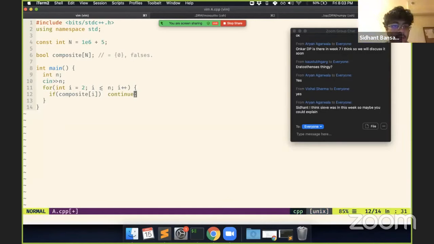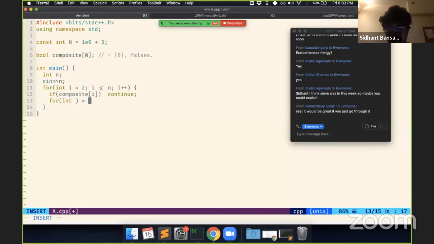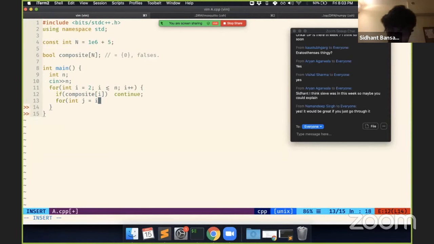Then you go through each number, starting with i equals 2, and if the number is composite, you skip it. Otherwise, you pick it. I'll go through this since people are saying that we need to go through it.